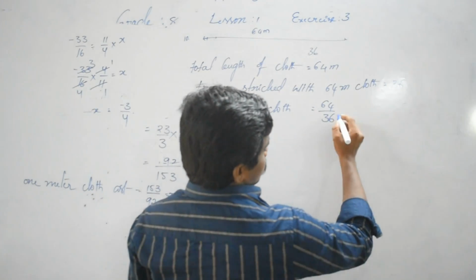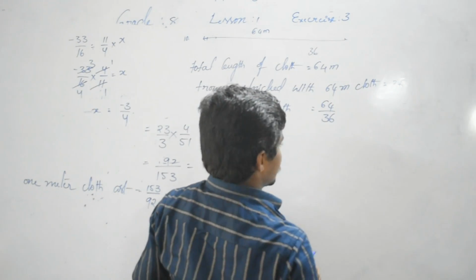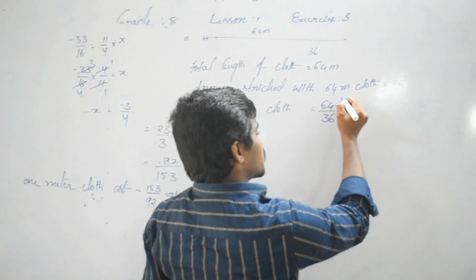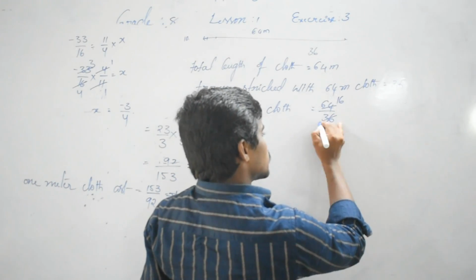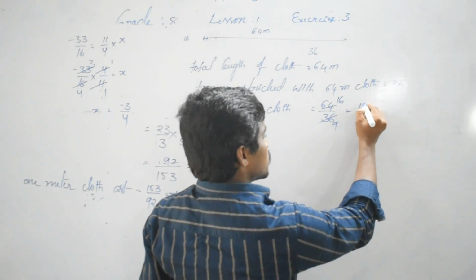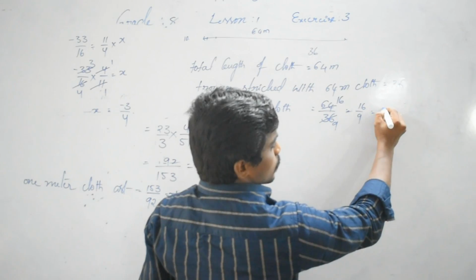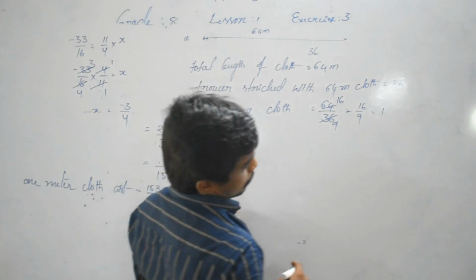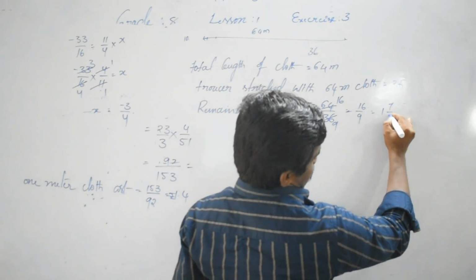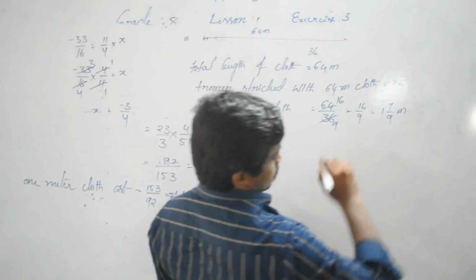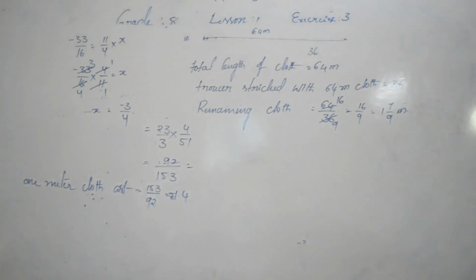So here 16 4s are 64, 9 4s are 36, 16 by 9. So 1 7 by 9 meters. That is the cloth for each.